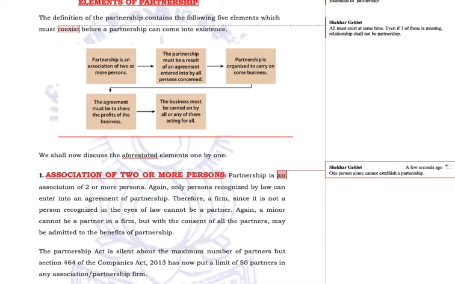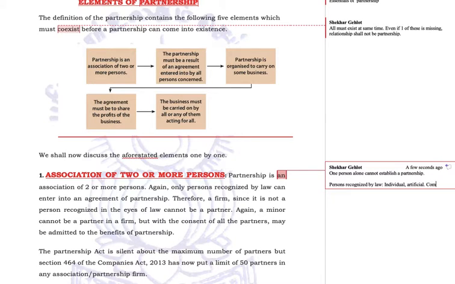And how many can they be at maximum? They can be around 50 now, as per the limit set by Section 464 of the Companies Act 2013. Again, only persons recognized by law can enter into an agreement. What are persons recognized by law? Let us say individual, that is a living being, then artificial.